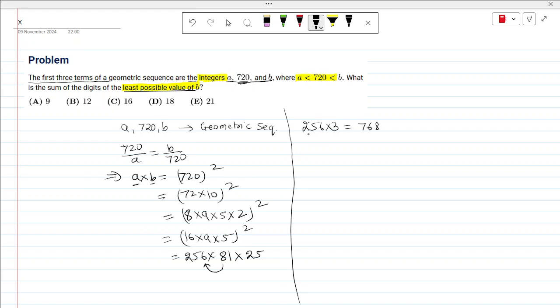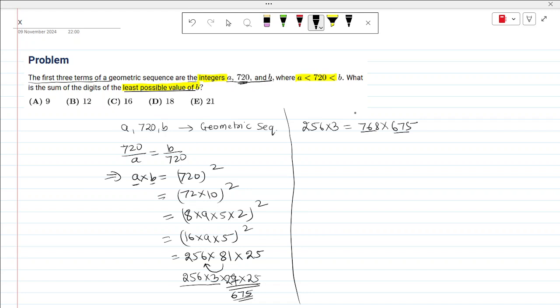The remaining part: we split 81 as 3 multiply 27, so 27 multiply 25 will become 675. So we are getting two products, 768 and 675, and that is very close to 720.